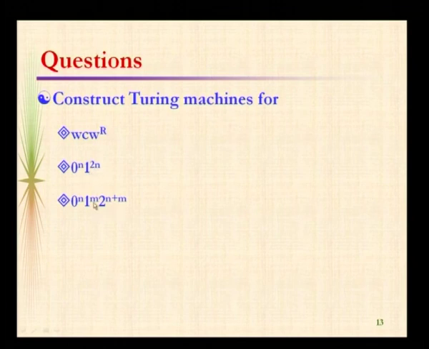Another one is 0 power n followed by 1 power m followed by 2 power n plus m. So, you first check a 0, skip all the remaining zeros and all the ones, and check a 2, then come back and find either the first unchecked 0 or unchecked 1, check the very first symbol which is so far not checked, then move towards the right.